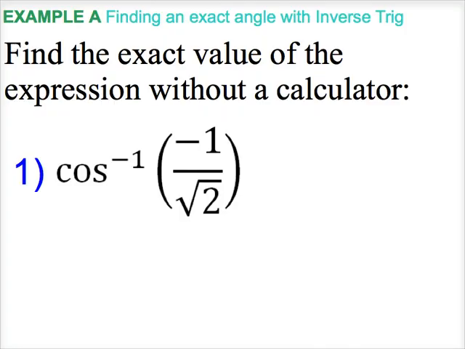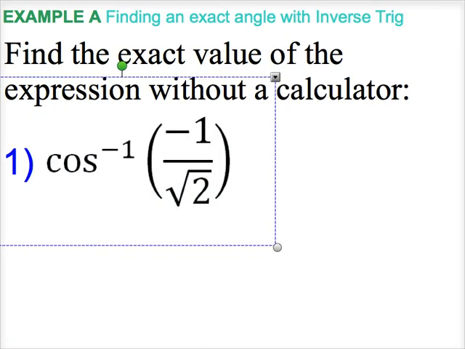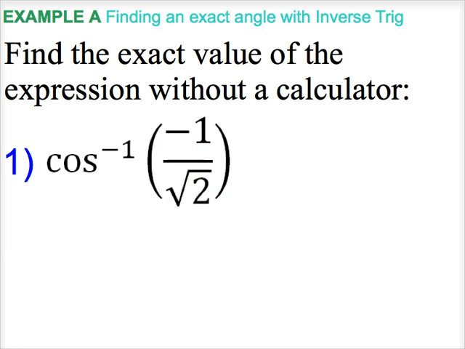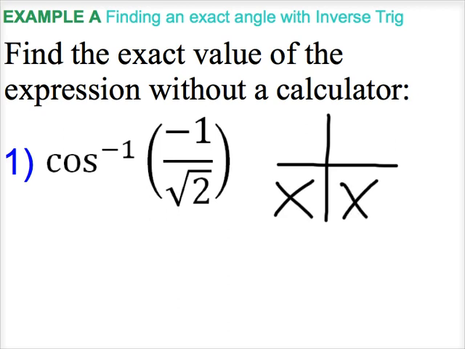Alright, let's do an actual example. Now that I've spent a lot of time on the concept and the connections I want you to be making, I'm going to go fairly quickly through the actual example because I hope you'll find that the mechanics of this are pretty easy once you got the concept down. Inverse cosine, we said that will not land us in either of these two quadrants, and given that I have a negative sign there, I know that cosine could only be negative in this quadrant.